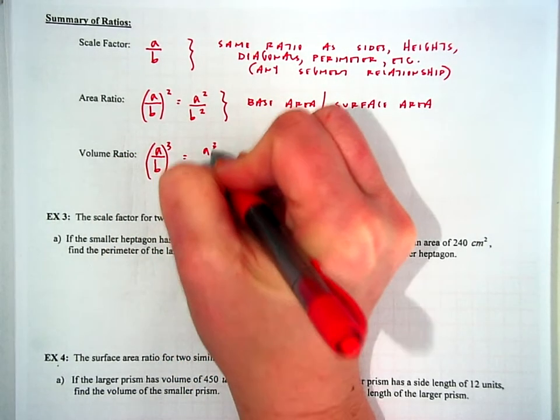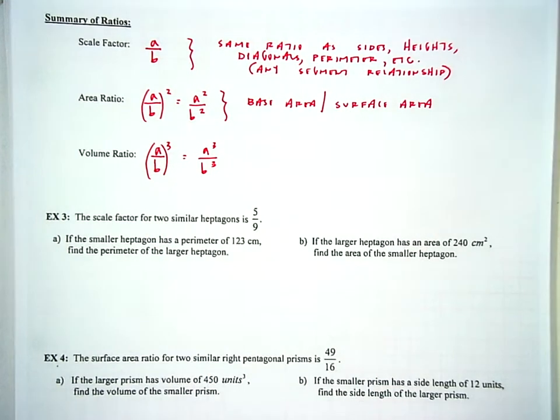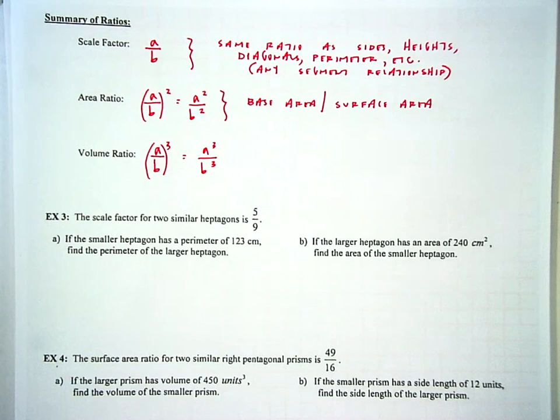No matter what, the ratio will be A squared to B squared. And then for volume, as we just saw with our cube, we're looking at A to B cubed, which will become A cubed to B cubed.